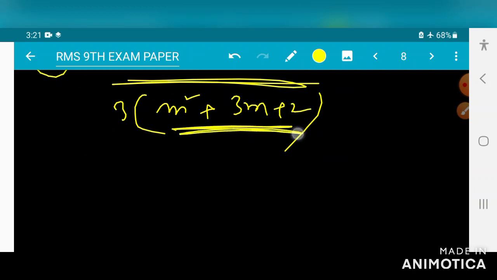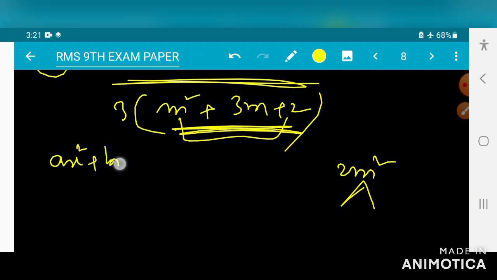Now, middle term split. 2 into m square is equal to 2m square. The middle term split applies when the algebraic expression is of the form ax square plus bx plus c.